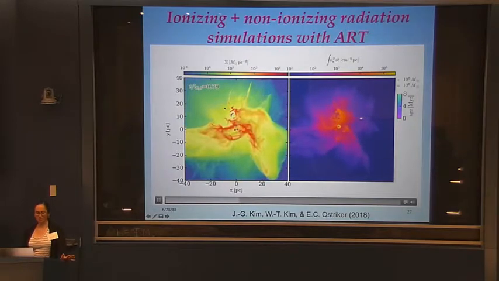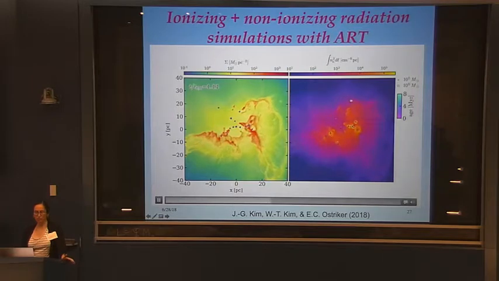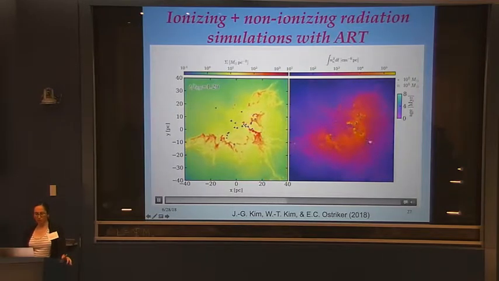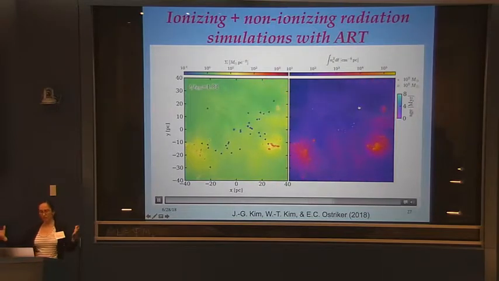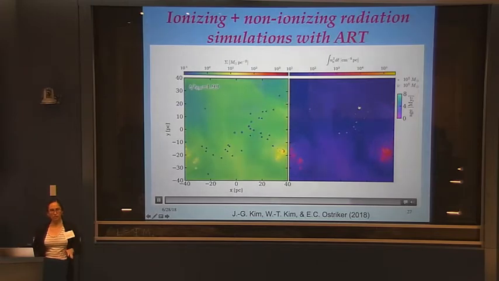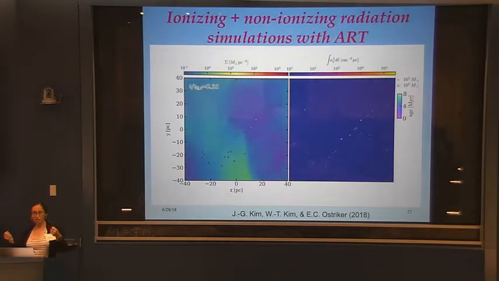There's a whole ionized region from the very beginning. There's much higher electron density right around the sources, but the whole cloud can be ionized relatively quickly because this turbulence creates a lot of structure, and the photons can make their way through all of those holes to ionize a lot of the interior of the cloud.